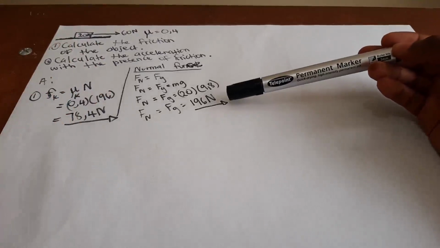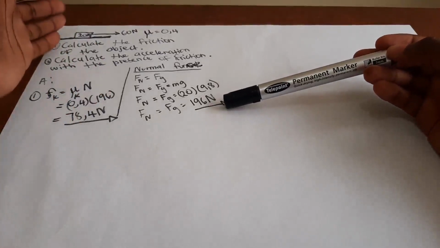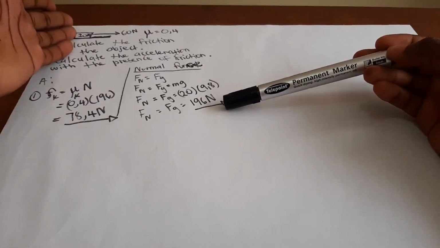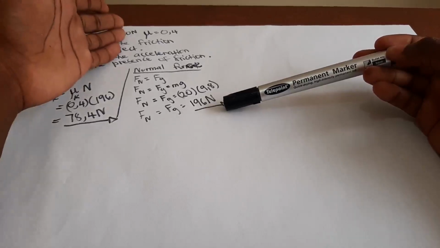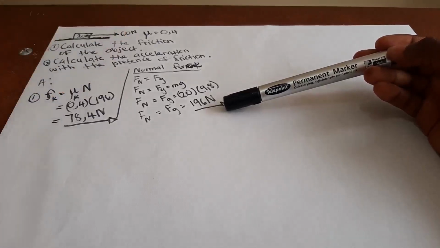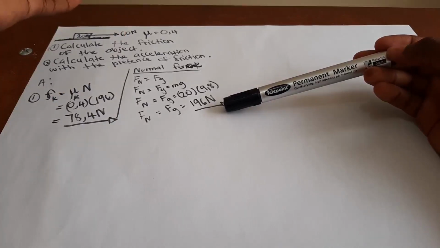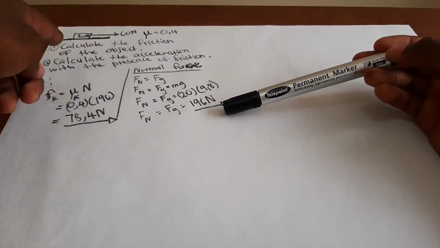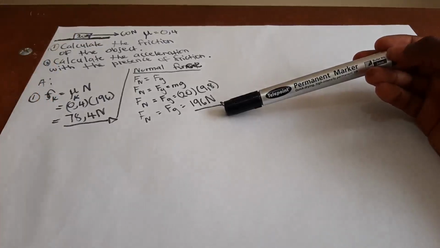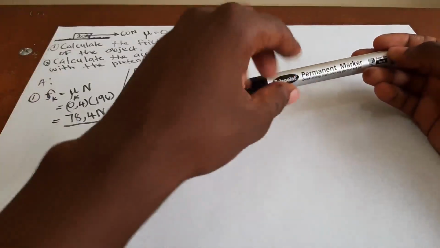But since I made up this 20 kg block and the force applied on it by myself, when I check now, our frictional force is greater, but I said this object was moving.